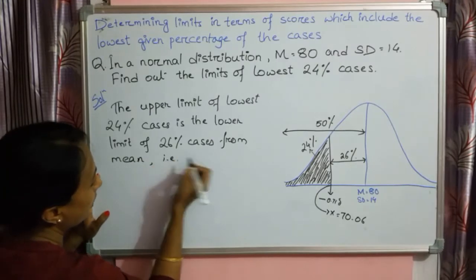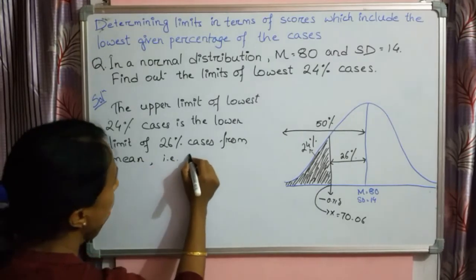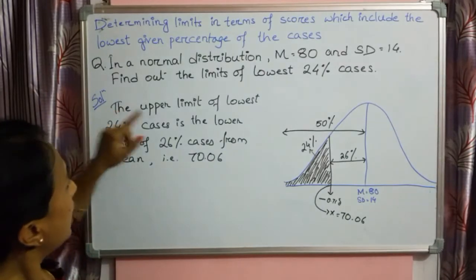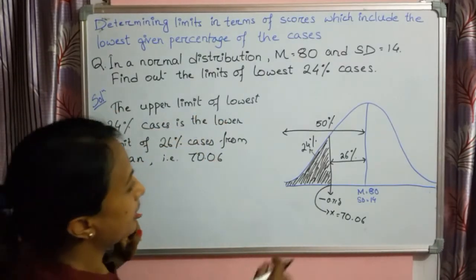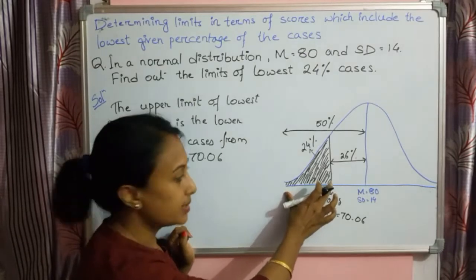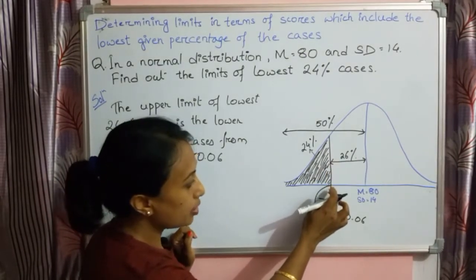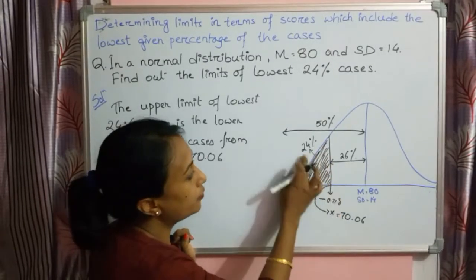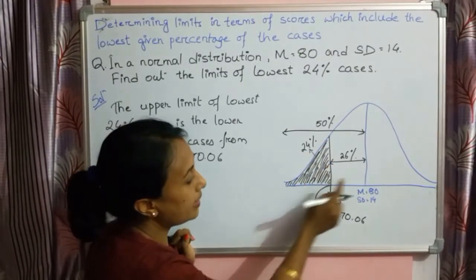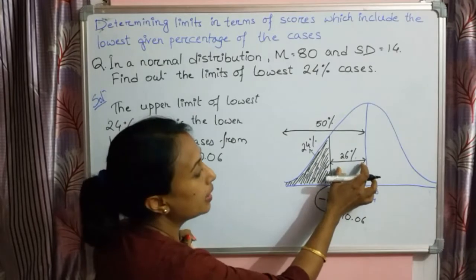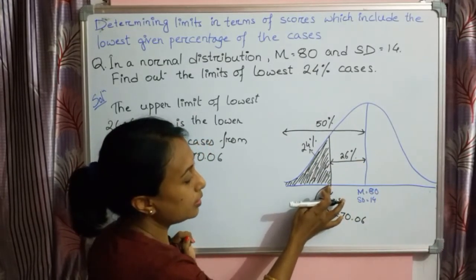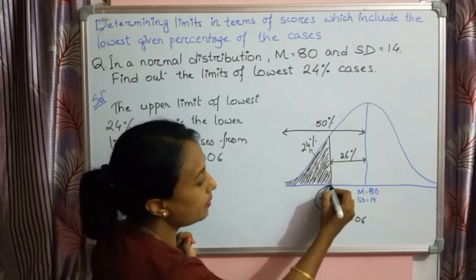I believe you can understand. The score was 70.06. This is the lowest 24% cases, and this is its upper limit. The upper limit of the lowest 24% cases and the lower limit of 26% cases from the mean are the same point.